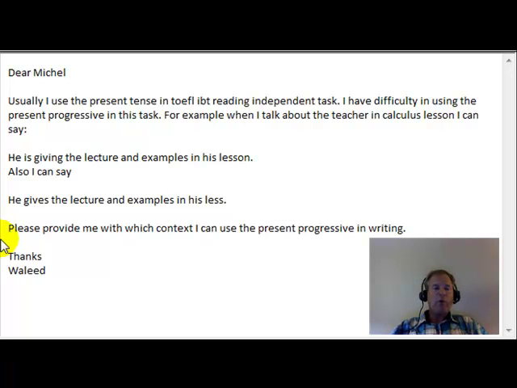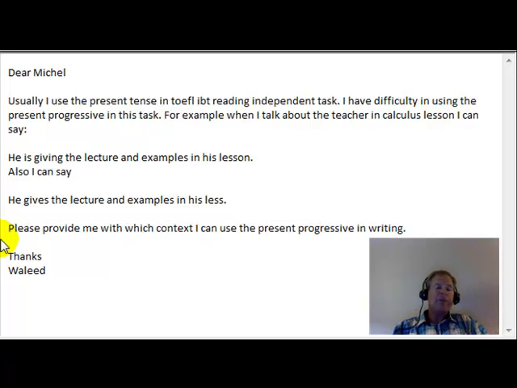And you also have the TOEFL integrated writing task, in which case you read, listen, and then write. So I think his question is, what is the best verb tense between the simple present tense and the present progressive tense, specifically during the integrated speaking and writing tasks for the TOEFL iBT.